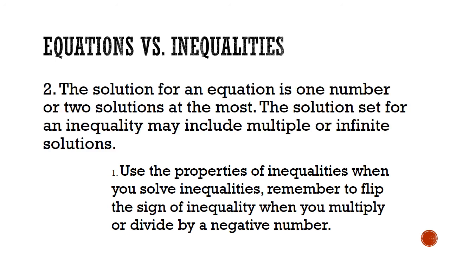The other thing is that when we solve equations, we can end up with one solution or two solutions at the most, while when we solve inequalities, we may end up with multiple, infinite, or no solutions.